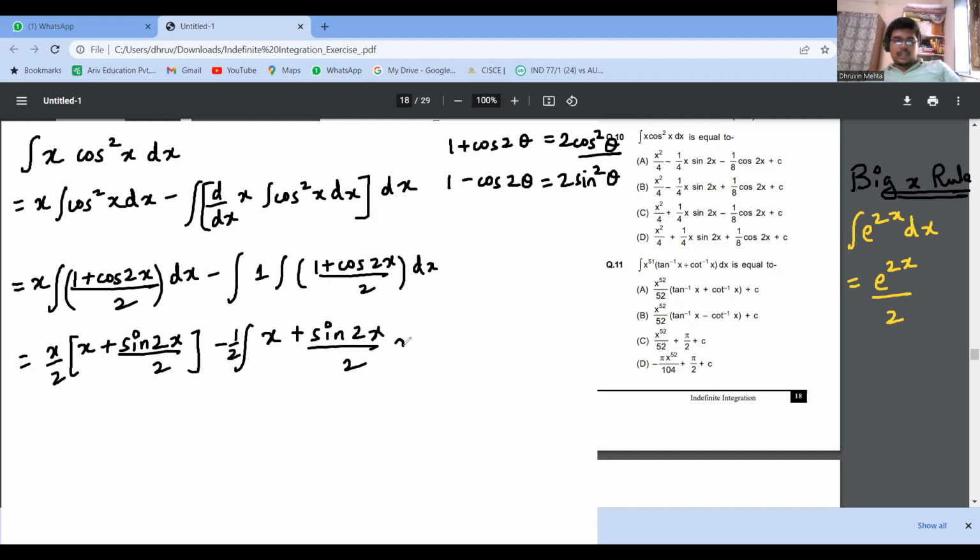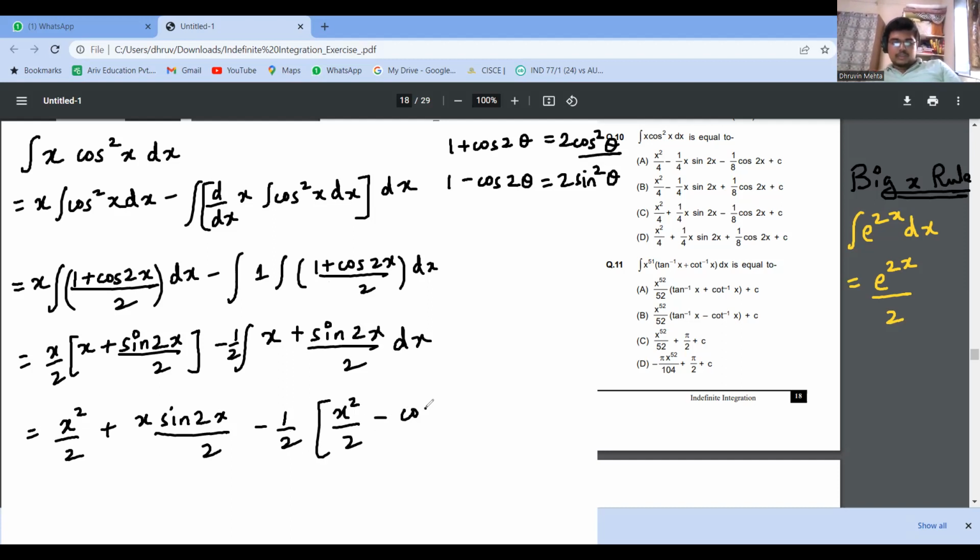Now one more integration of this will be done, so the answer should come x square by 2 plus x sin 2x by 2 minus half integration x is x square by 2, integration sin 2x is minus cos 2x by 2, so this becomes 4. So your final answer, see, this is x square by 2.